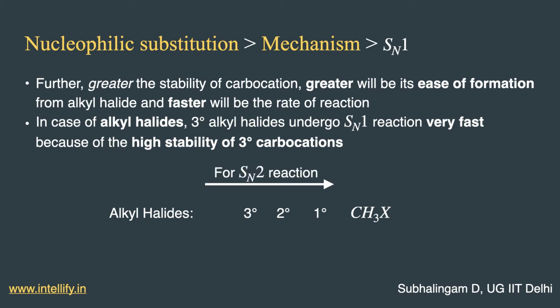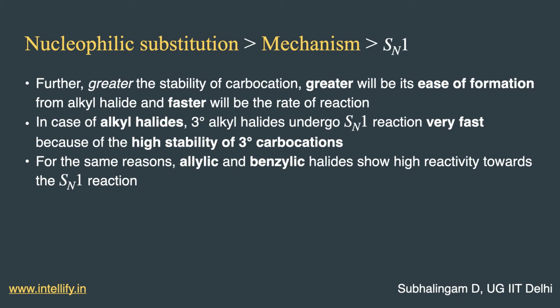For SN2 reactions, the reactivity increases from left to right. That is, tertiary alkyl halides are the least reactive, while methyl halide is the most. And as expected, for SN1 reaction, it's the reverse. That is, the tertiary alkyl halides are the most reactive, while the primary and methyl halides are the least reactive ones.